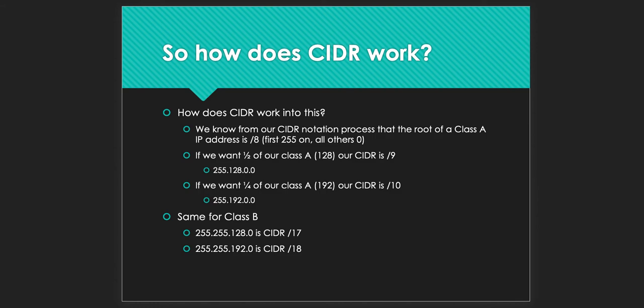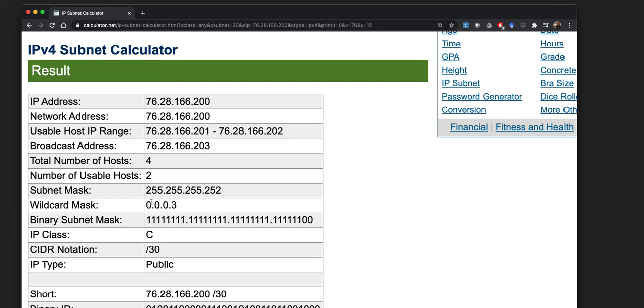Right? So how does CIDR work into this, right? So we know from our CIDR notation that they're rooted in Class A IP addresses and so on, and that we can split our networks up and all the rest of it. That when we take a look at our subnet mask, right, 255, that we want to count these, right? So when we count these, each one of these has its own particular number, as I said earlier, right?